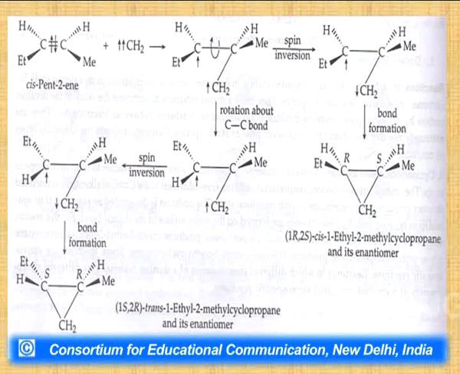We get two products, cis as well as trans. So, the product here is not only cis but trans also. We get cis-1-ethyl-2-methyl cyclopropane and its enantiomer, and the other product is trans-1-ethyl-2-methyl cyclopropane and its enantiomer.